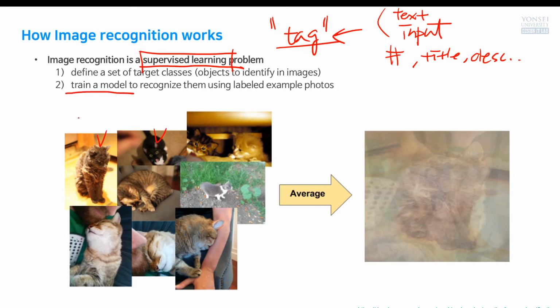So Google's search engine has a huge scale, a super huge scale of training models for images. It's growing day by day. Okay, so that's why Google's search engine is getting more intelligent day by day.